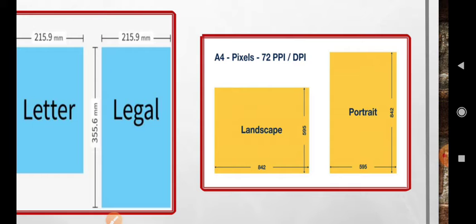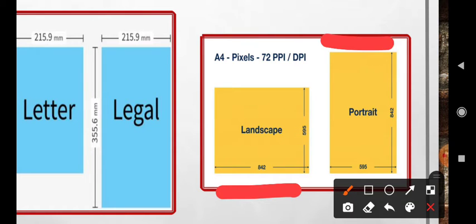Now here in the next picture you will see the orientation, that is, first one is your landscape and second one is your portrait. Now see, there also they are written, how much size there is, but can you see the difference between the landscape and the portrait?